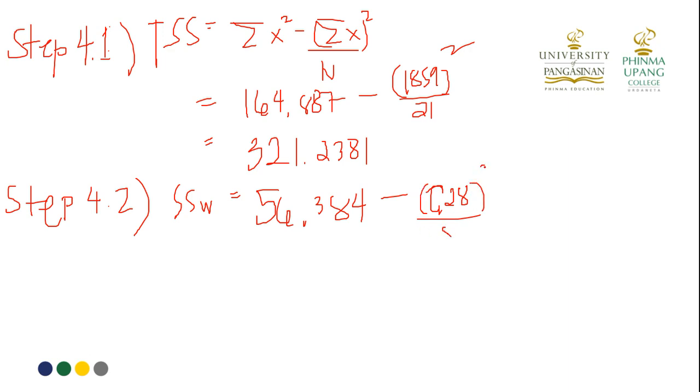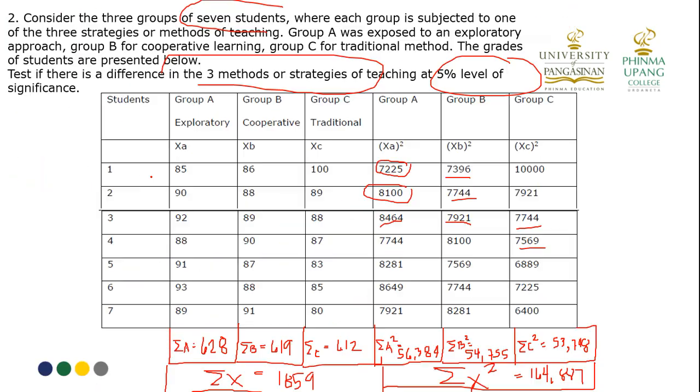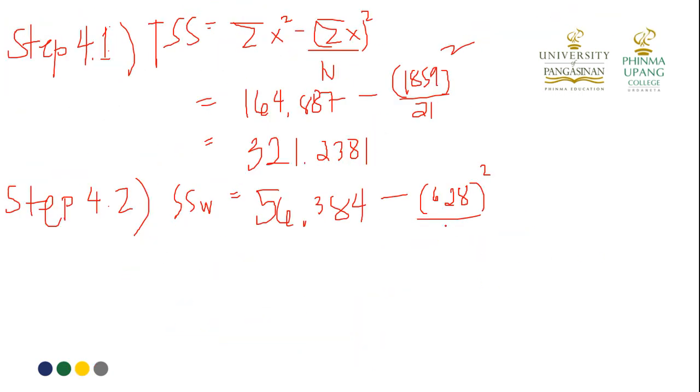Is it 7 or 8? 7. Bakit po 7? Sir, kasi 7 respondents. Very good. It's 7.